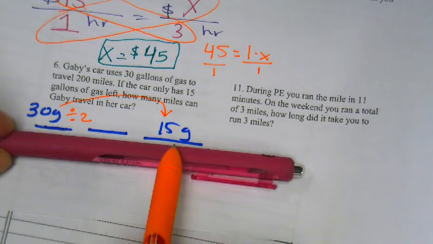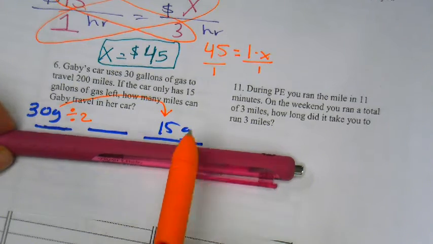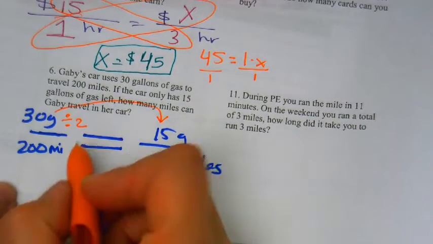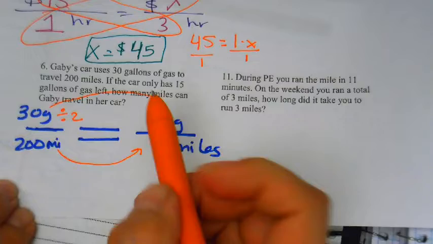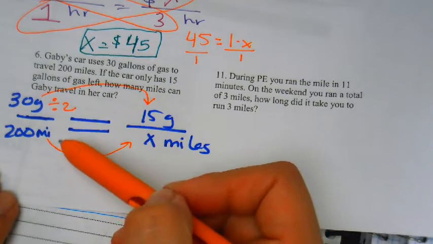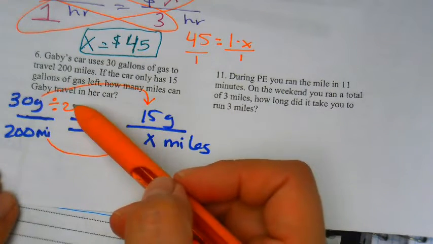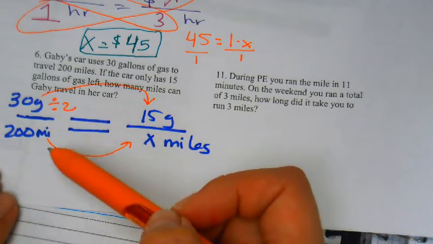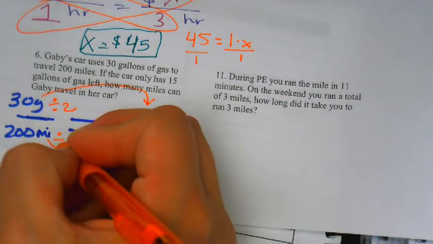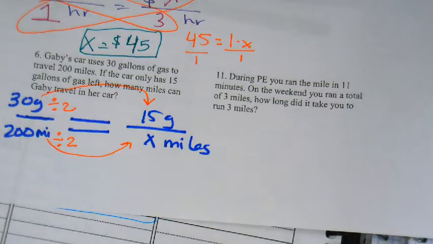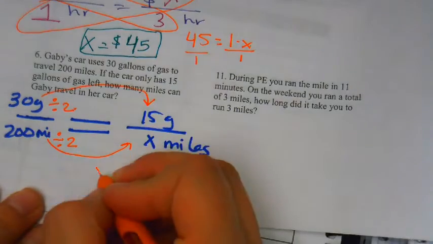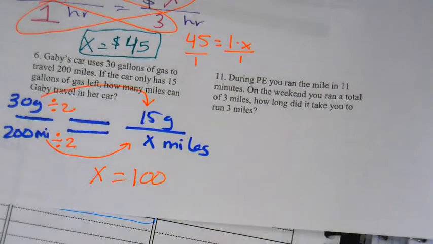So guess what I get to do at the bottom? The same thing. Whatever I did to the top, I'm allowed to do to the bottom. So if on the top I divide by 2, guess what I'm going to do at the bottom? Divide it by 2. X equals 100. So our answer is x equals 100.